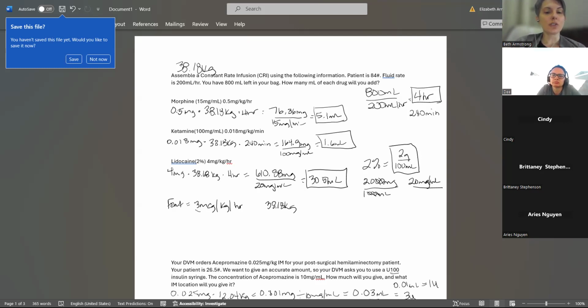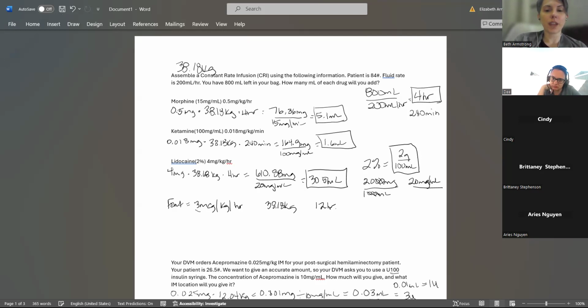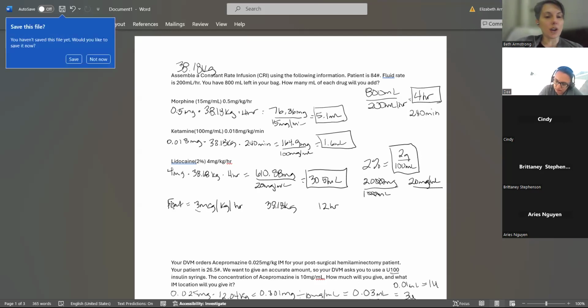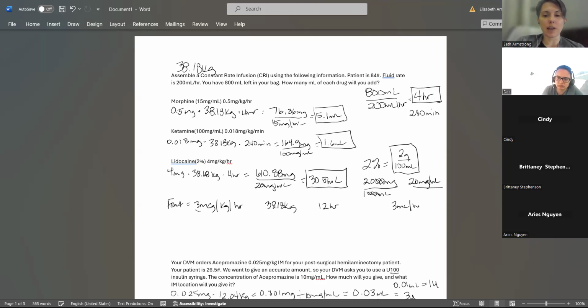So in this case, we can come up with whatever hours we want to draw up. Let's just draw up 12 hours' worth, to make it somewhat easy. Our goal here is that we want this medication to be at 3 mLs per hour, and I'm going to show you how to do it.